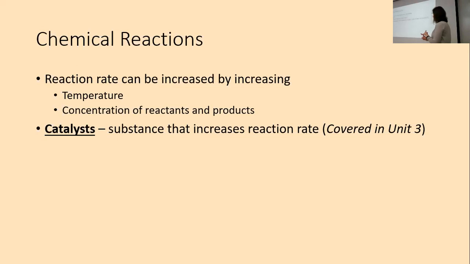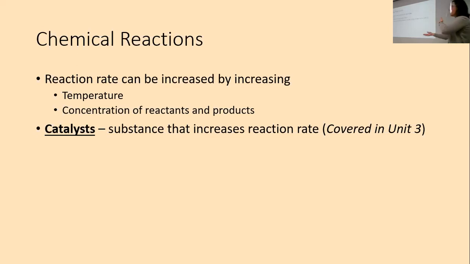So you can heat things up, or you can increase the concentration of reactants and products. This one's a little harder, I feel like, to grasp, but it makes sense if you think about the fact that these atoms and molecules are not interacting with intention. It's not like hydrogen's going to go find some oxygen because it wants to make water.